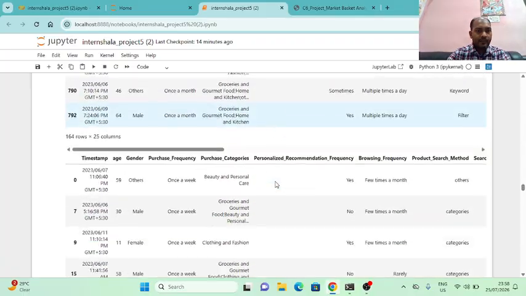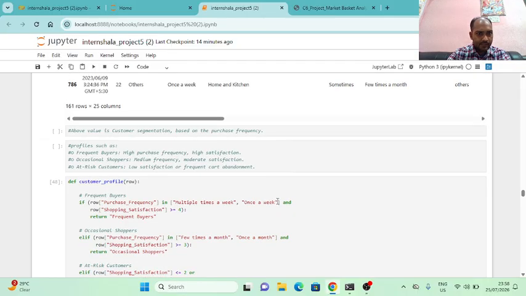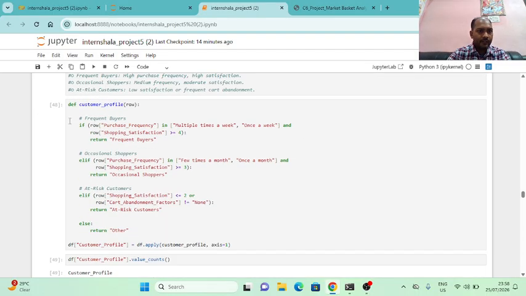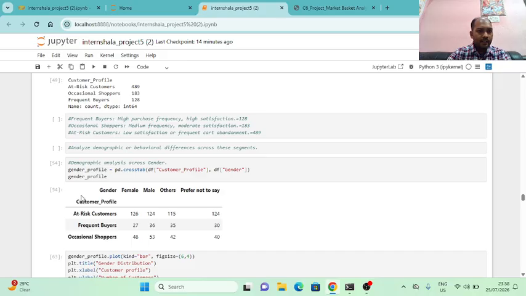After that, I have calculated the frequent buyers, high purchase frequency and high satisfaction buyers by calculating the customer profiling, and then I found that lots of customers are high purchasing, high satisfaction, that is 128.